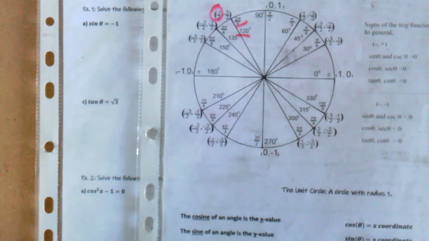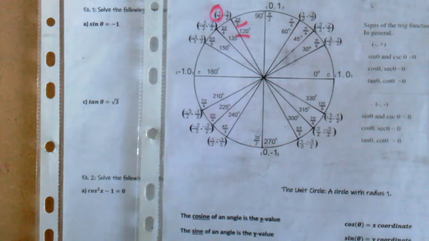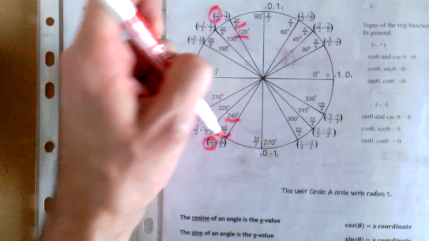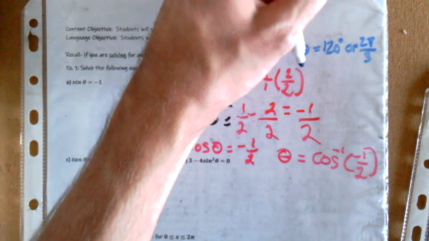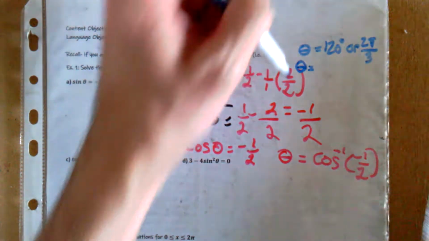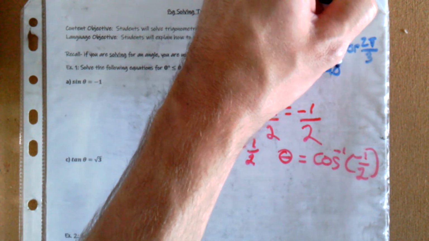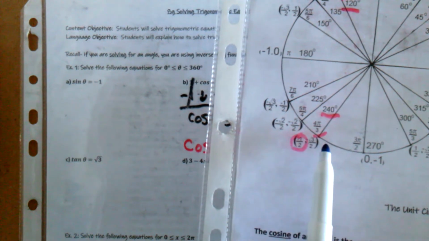That looks like it's going to be right here at 240 degrees, or 4 pi over 3 radians. So our other answer is 240 degrees, which is the same thing as 4 pi over 3 radians.